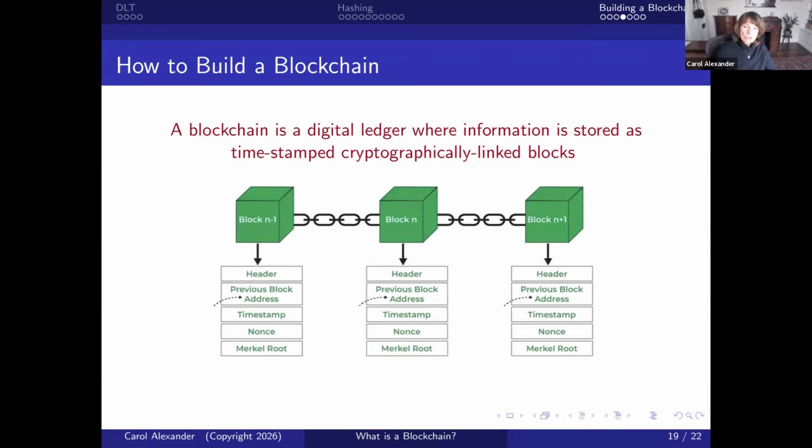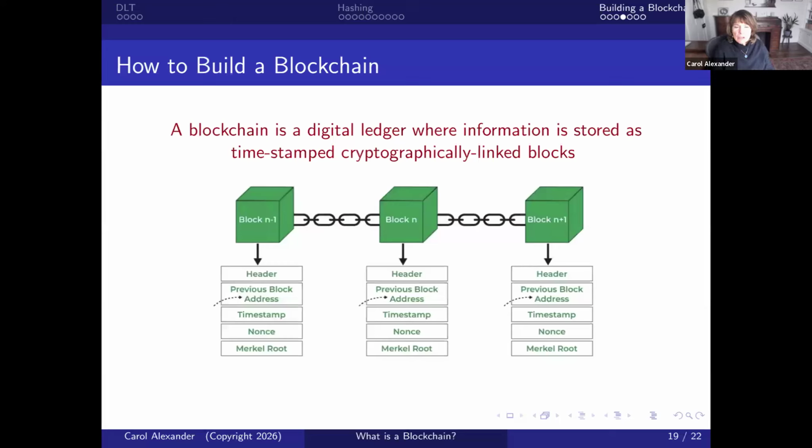Now, to build a blockchain, you're going to link these blocks together cryptographically. And the way that is done is to use something called the block header. There are various elements to the header, and the most important element is the previous block address. You can think of the previous block address as some sort of peg, like a Lego brick, that you have to use to put the next block on, and the next block on, and the next block on.